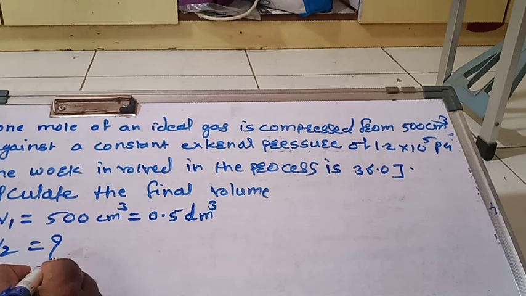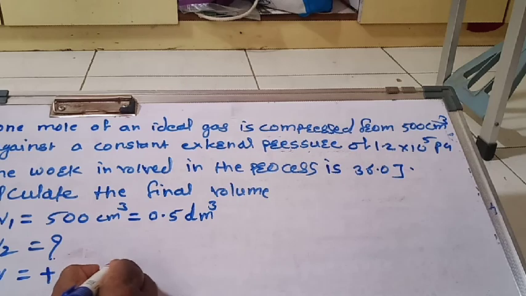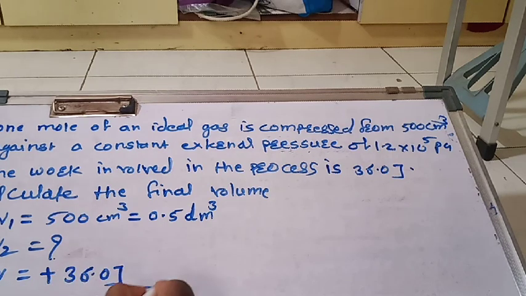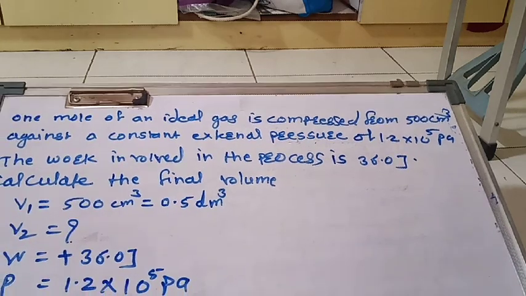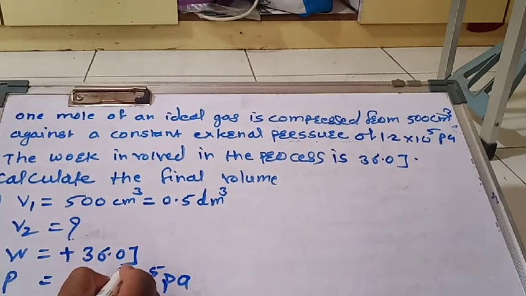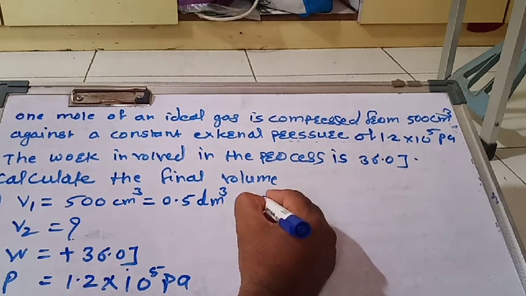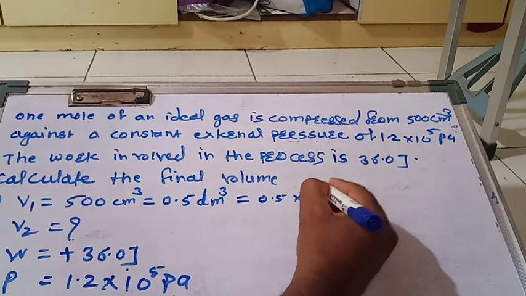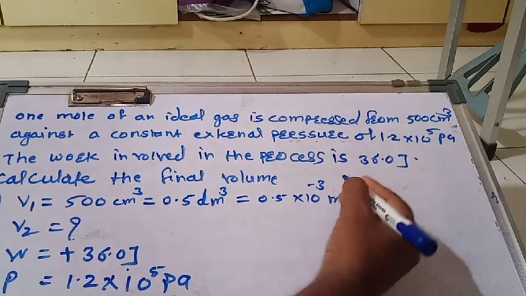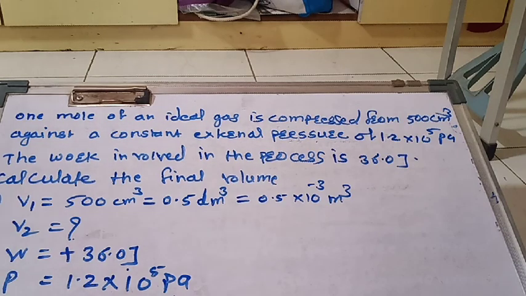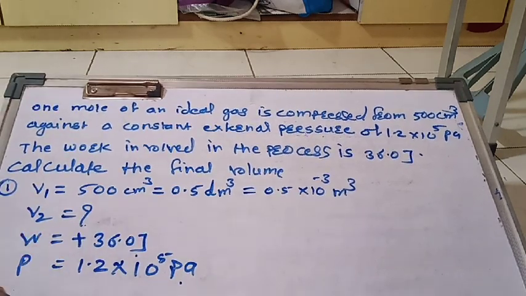Then work of compression, therefore it is 36.0 joule, and pressure is 1.2 into 10 raised to 5 Pascal. In this case, work is in joule, pressure is in Pascal, so volume should be in meter cube. So it is 0.5 into 10 raised to minus 3 meter cube, because 1 decimeter cube is 10 raised to minus 3 meter cube. Then write formula.